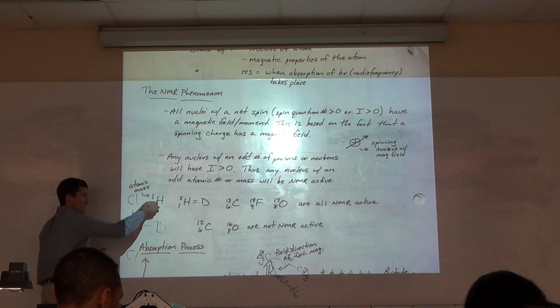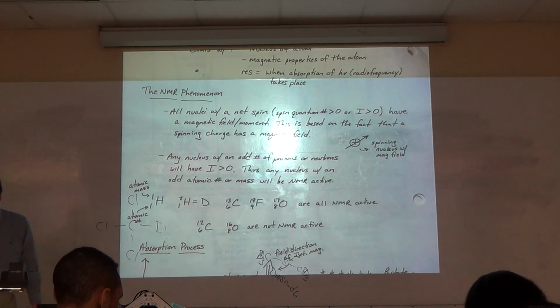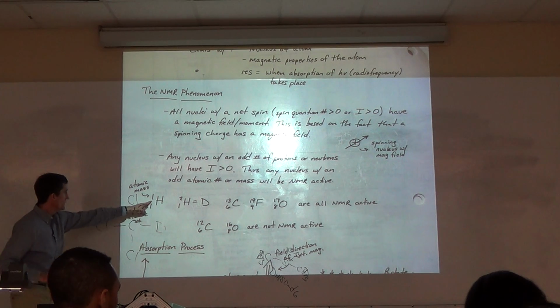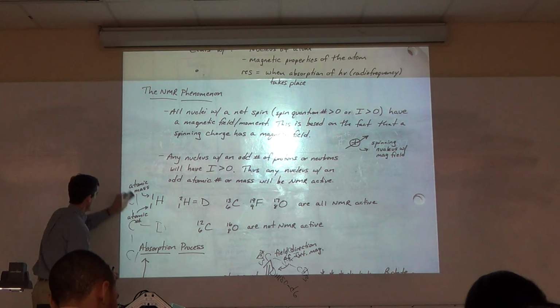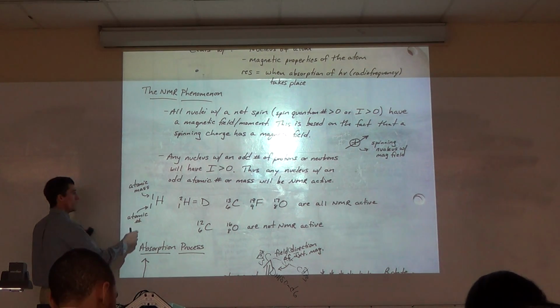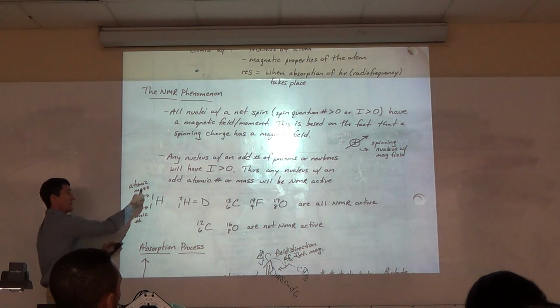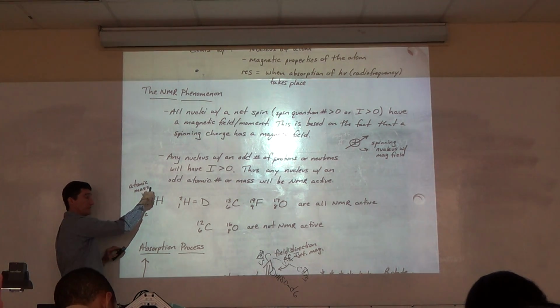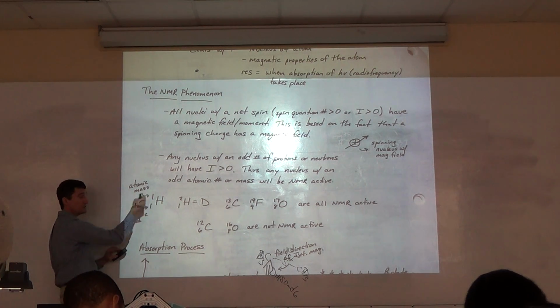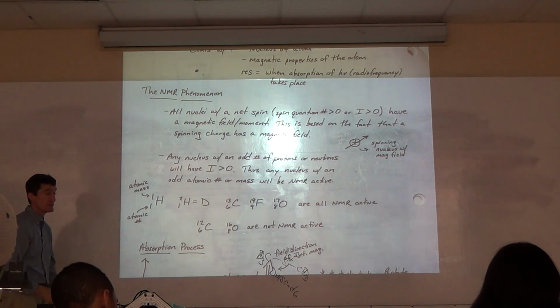What about simple proton? How many protons does it have? This isotope of hydrogen, how many protons? 1. What's the atomic number? 1. That's the number of protons. Now, that can vary, different isotopes. But if I'm saying the isotope is 1, how many neutrons does that have? 0.